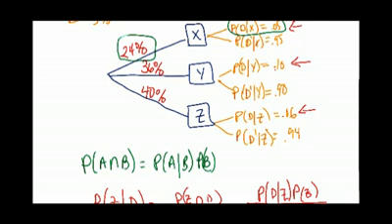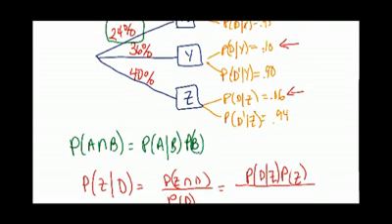That's how you get the intersection of those two. And then the bottom is going to be all the defectives.